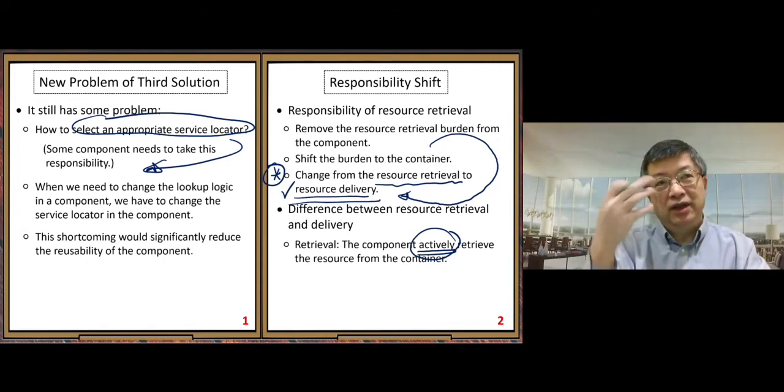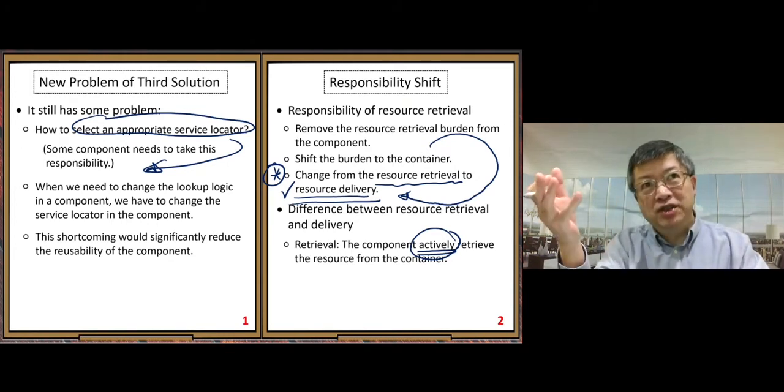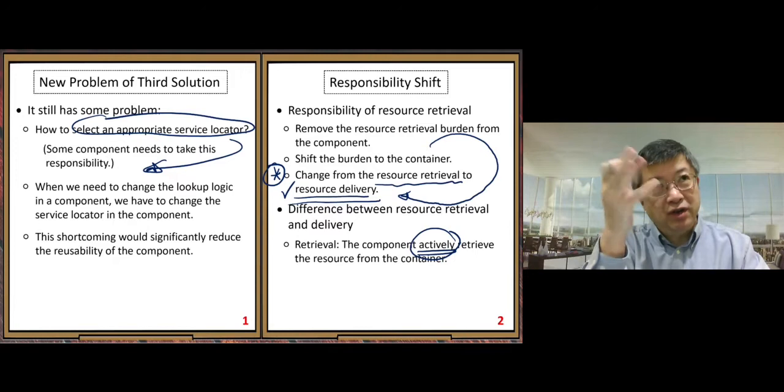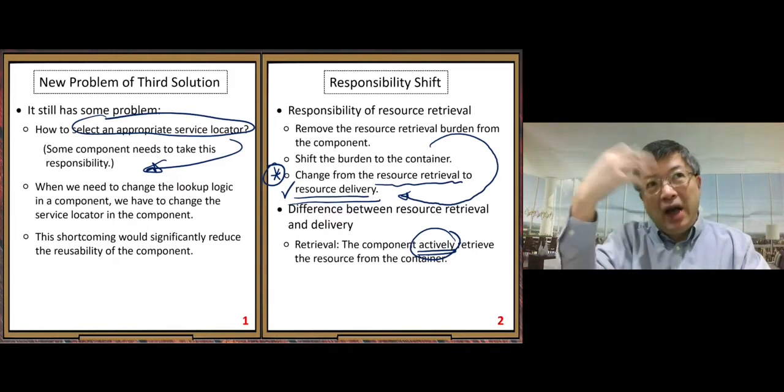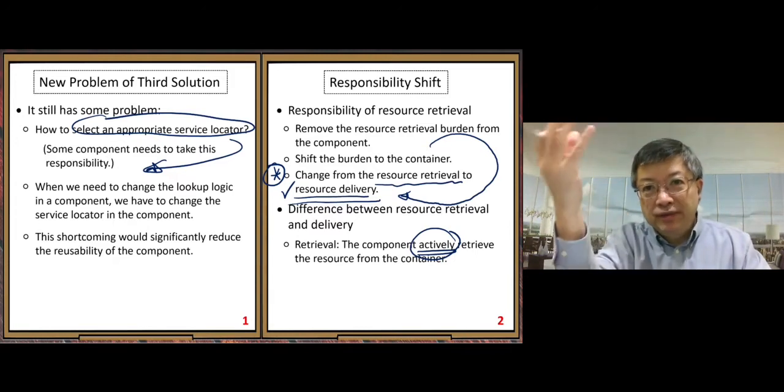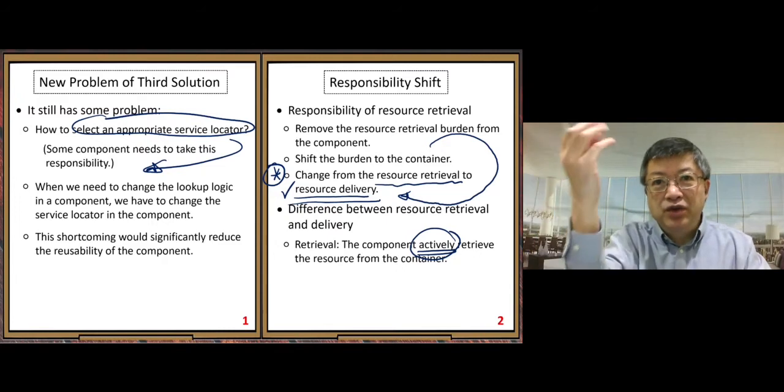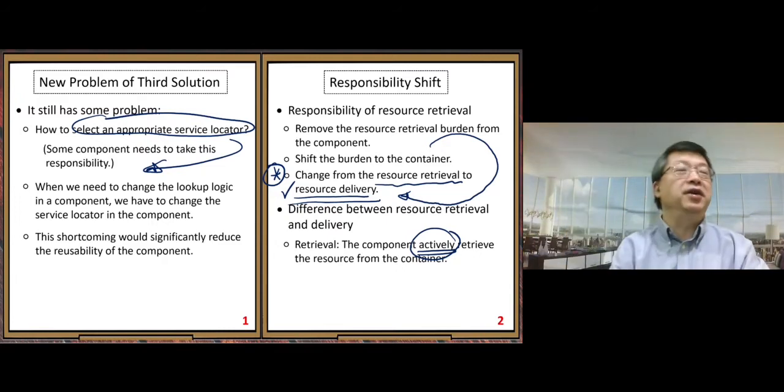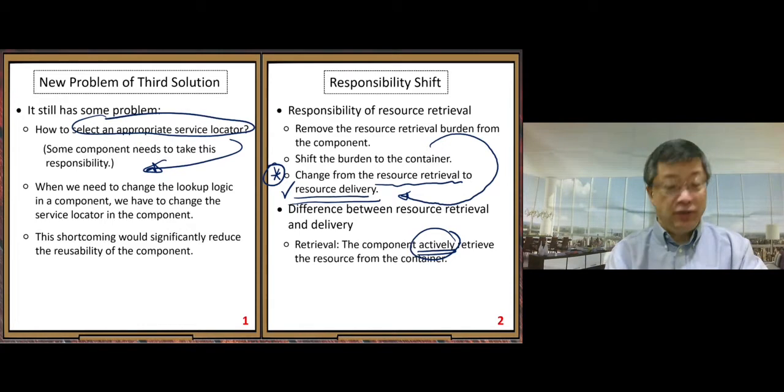The component, that's the business service class. This component means the business service class. It actively does this action, retrieving the resource from the container. That's the meaning of retrieval.